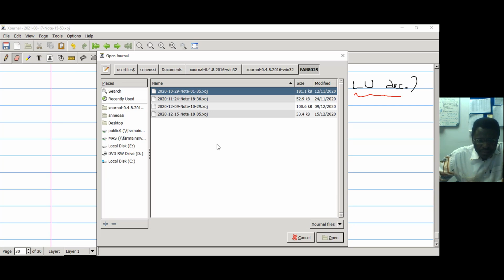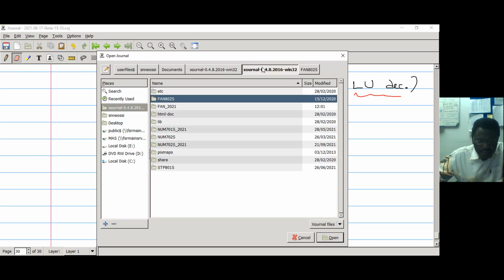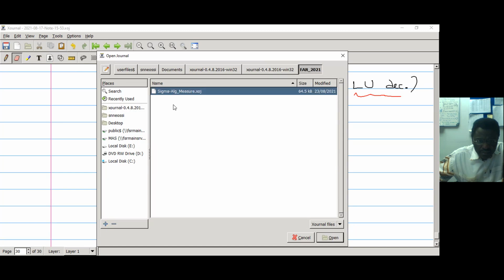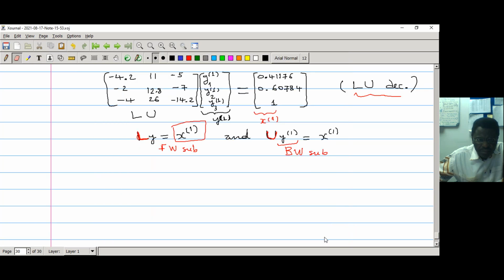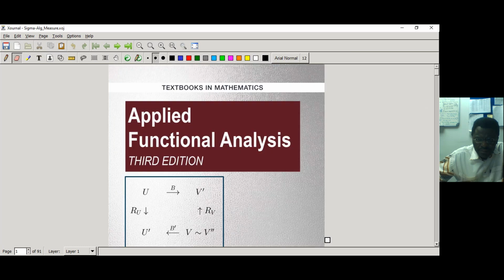It disappeared, but I don't understand. I used it last week. This is functional analysis, but I only see this pattern. Okay, let's see. But this is not what I'm looking for.